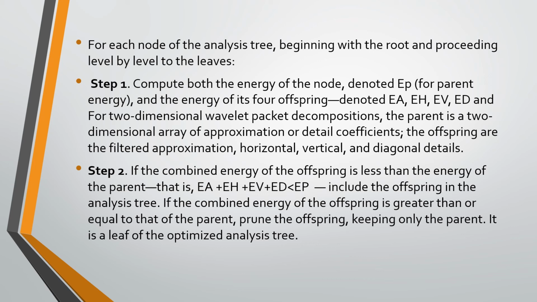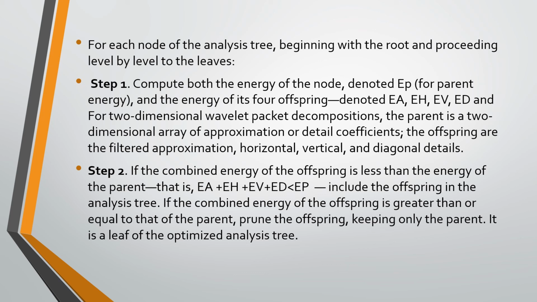In step 2, if the combined energy of the offspring is less than the energy of the parent, that is E_A + E_H + E_V + E_D < E_P, include the offspring in the analysis tree. If the combined energy of the offspring is greater than or equal to that of the parent, prune the offspring, keeping only the parent.